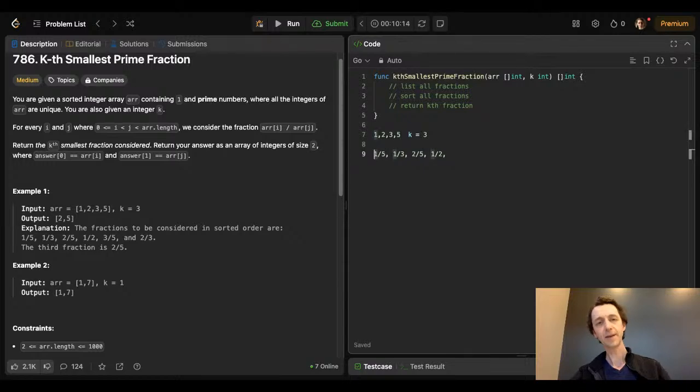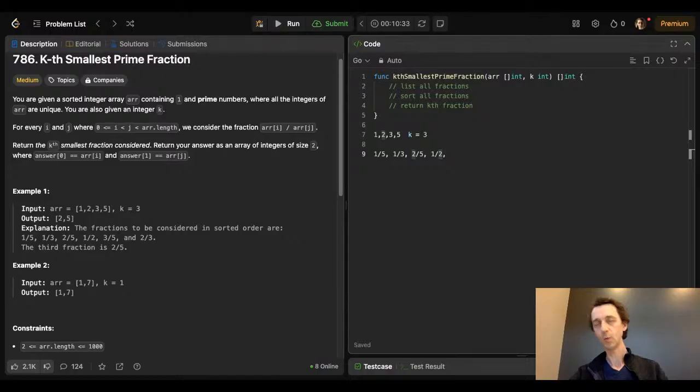So the left number makes sense to be that one up to some point. At some point, two is even smaller.